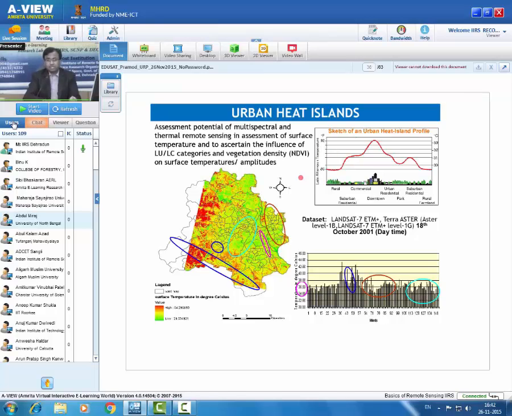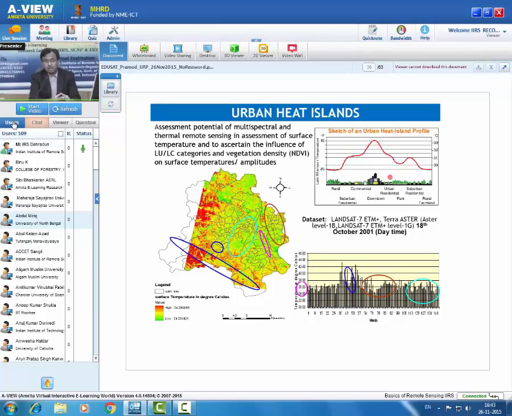Because when you look at this particular frame of the satellite slide, you see how the land surface temperature is varying with respect to the varying land use: from the rural landscape, to the commercial, to the residential and suburban. In general, whenever concrete surfaces are in dominance, the temperature is higher as compared to other non-urban, non-concrete surfaces.